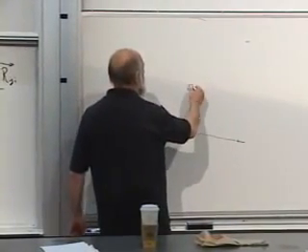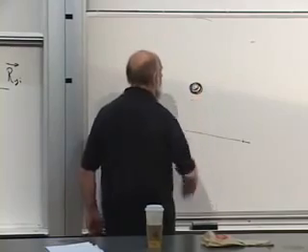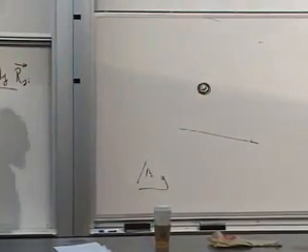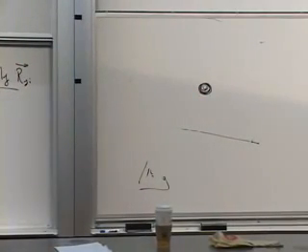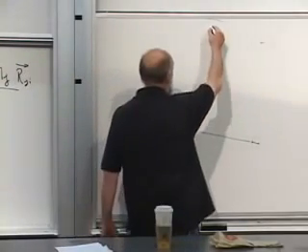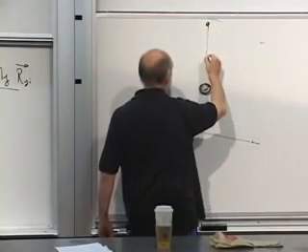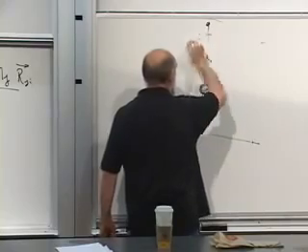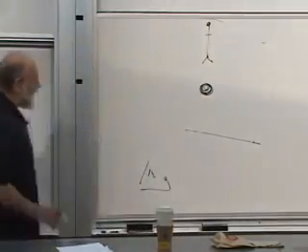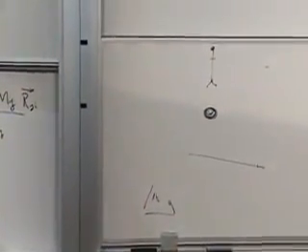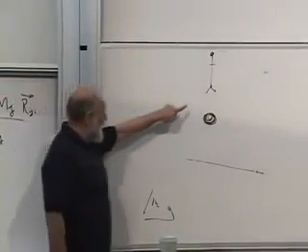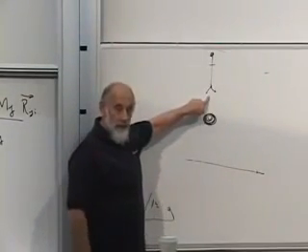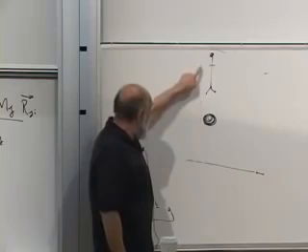Here you are, here's the Earth. Now, you or me or whoever it is happens to be extremely tall, a couple of thousand miles tall. Well, this person's feet are being pulled by the gravitational field more than his head.